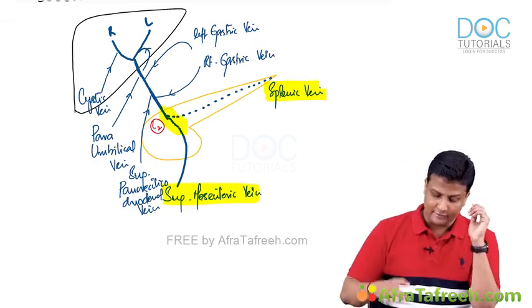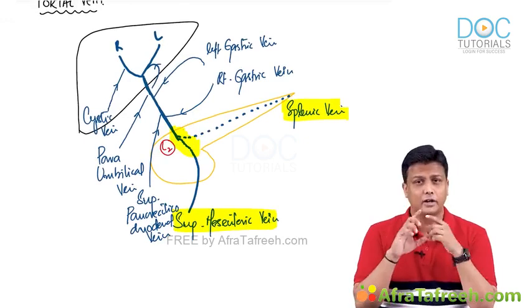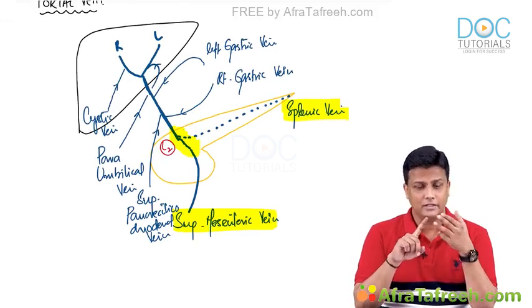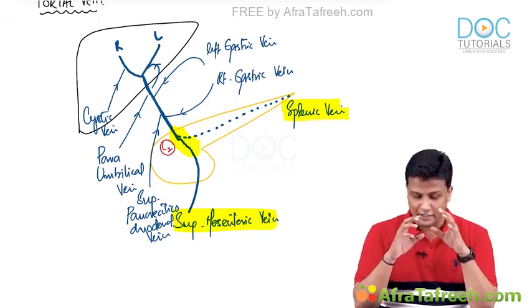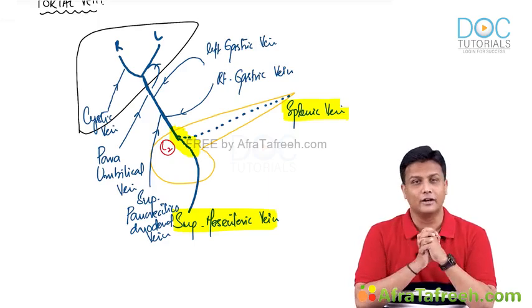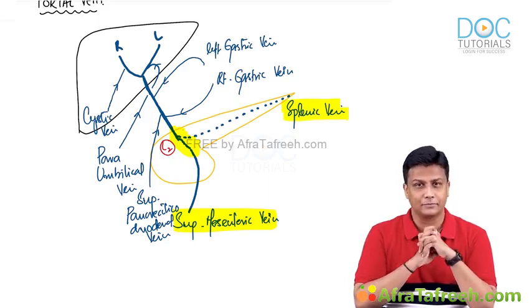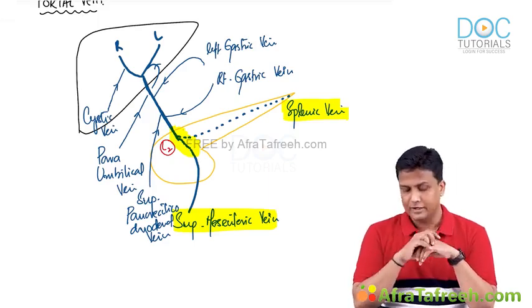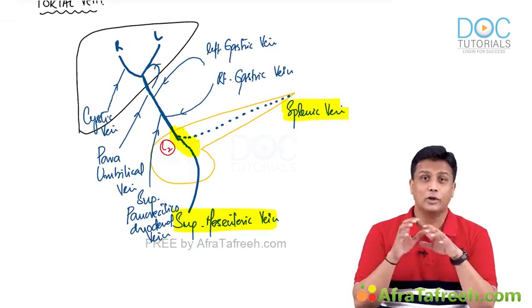I think it is very clear in the diagram here. Let me just repeat again. Right and left gastric vein, then the superior pancreatico-duodenal vein, then the para-umbilical vein, as well as the cystic vein. All these veins are tributaries of the portal vein, draining the blood into the portal vein, guys. Perfect.